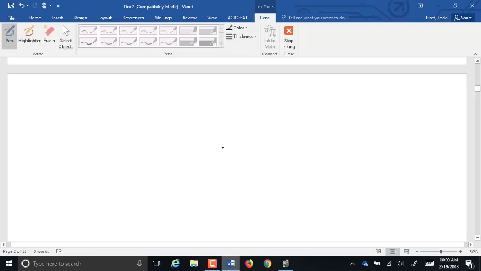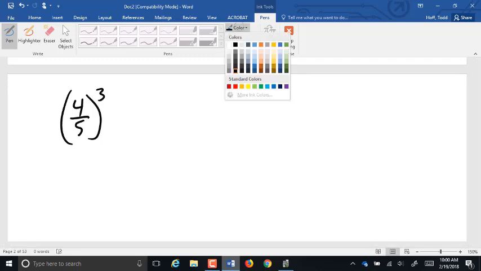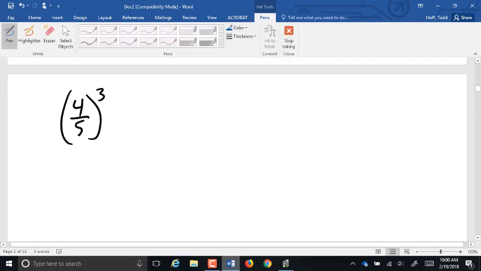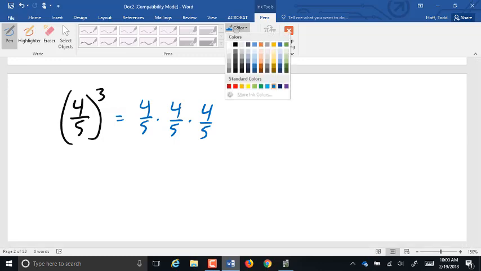What if we have a fraction to a power? 4/5 to the power of 3. Well, remember, that's just going to be 3 4/5 multiplied together.